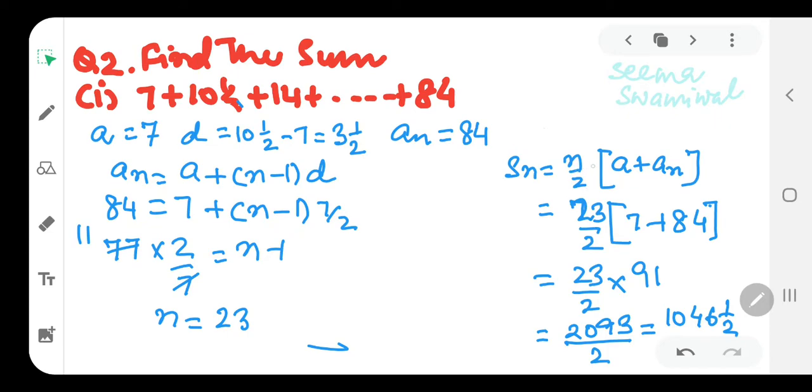In place of n you will write 23 divided by 2. a is 7 plus an is 84. So when you add, it will be 91. When you multiply 23 and 91, you will get 2093 divided by 2. And since the question is given in the format of mixed fraction, change your answer also into mixed fraction.